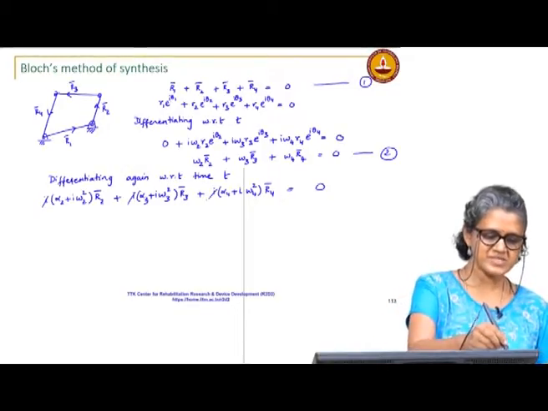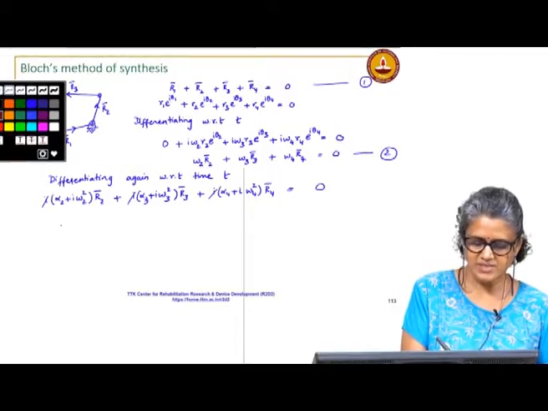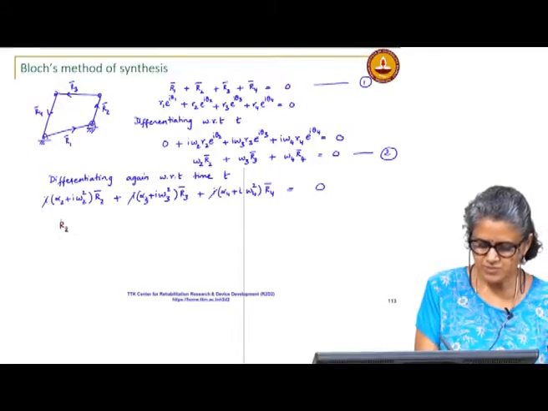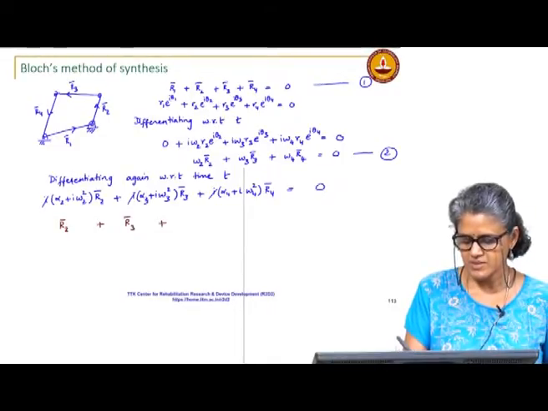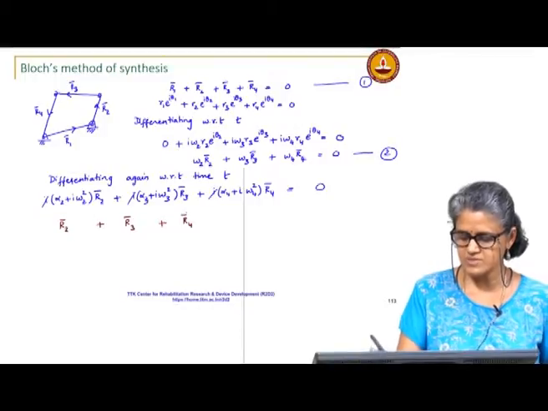So, now I have a set of 3 equations like this. I have R2 in these 3 unknowns. I want to synthesize the linkage. So, R2, R3, the links are my unknowns.